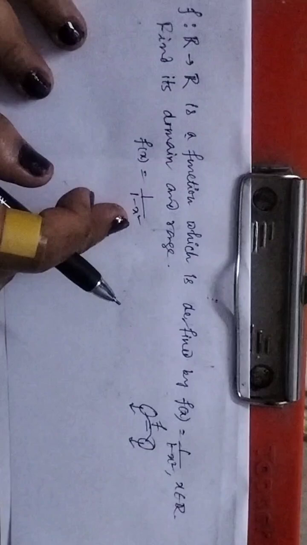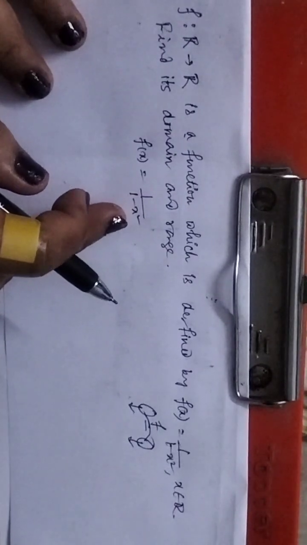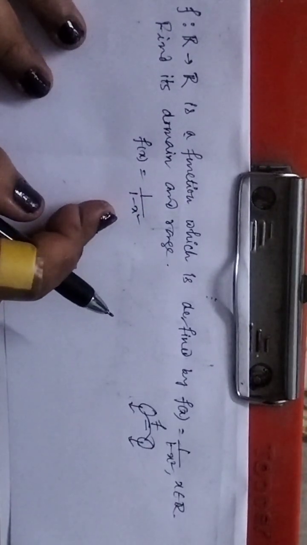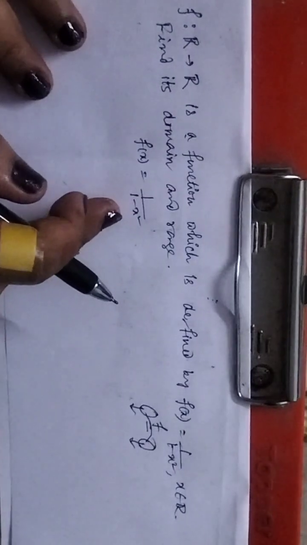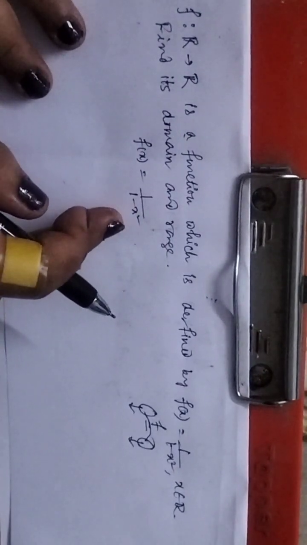So this f must be well defined. If you look at the structure of f(x), you'll find it will no more be defined if 1 minus x square is equal to 0.